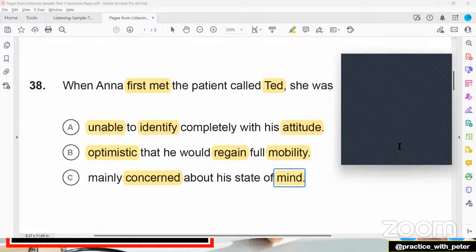Mind, state of mind. Psychology, mental. Next, we are moving to question number 39.